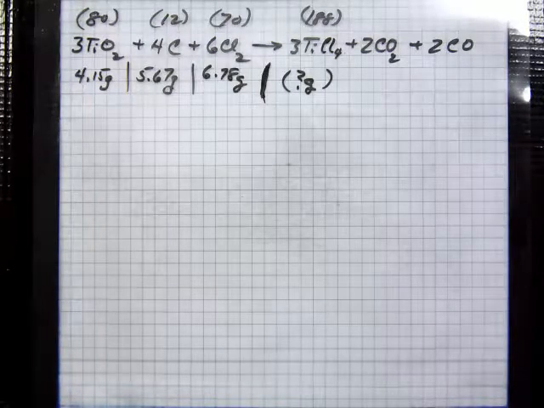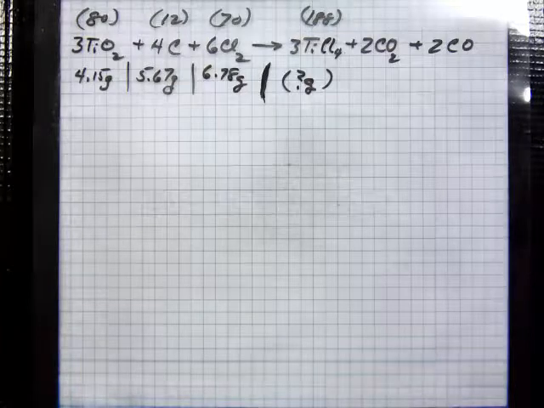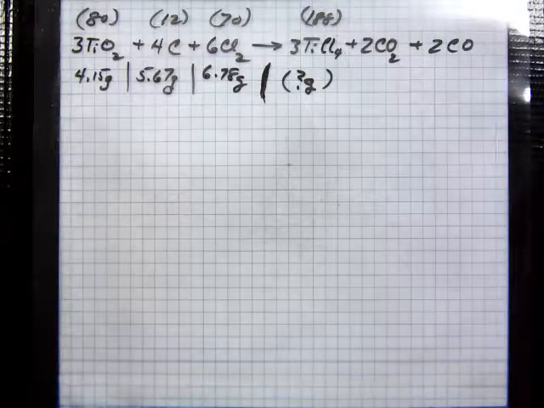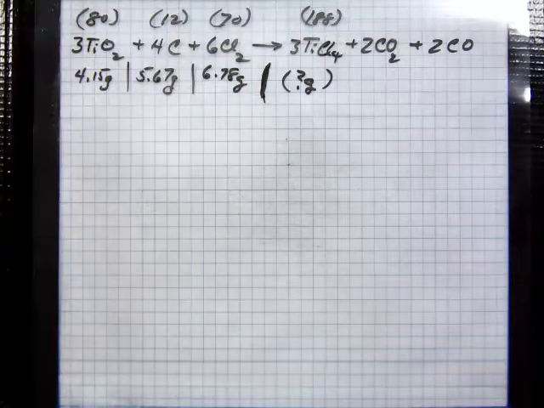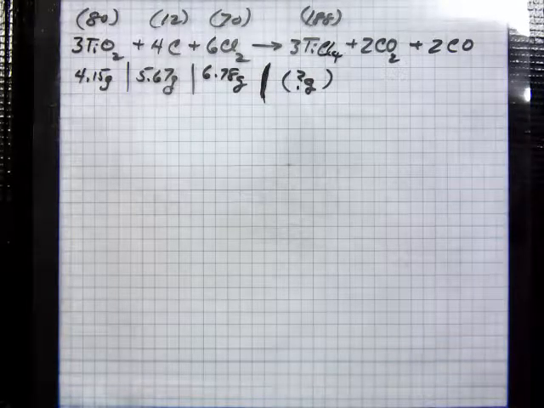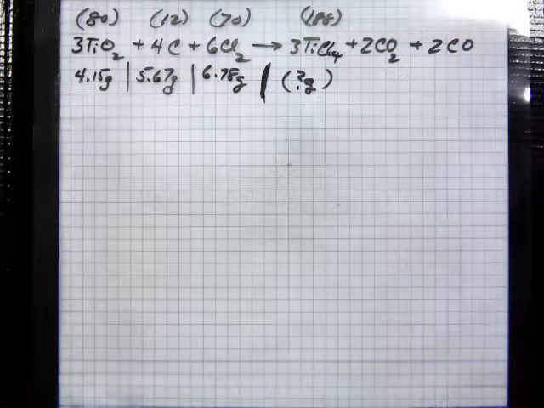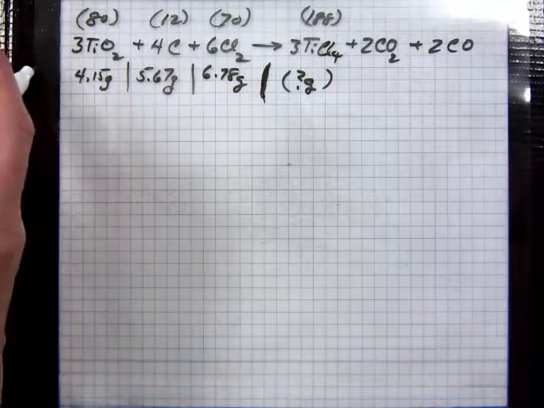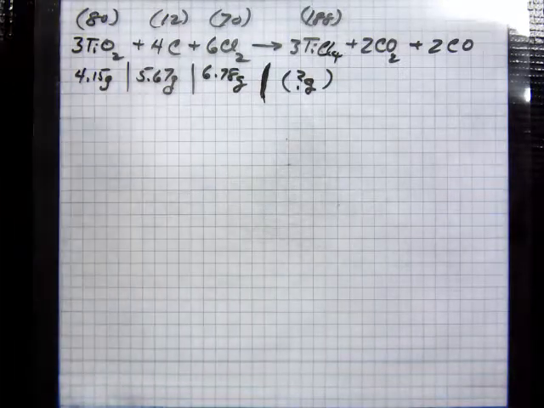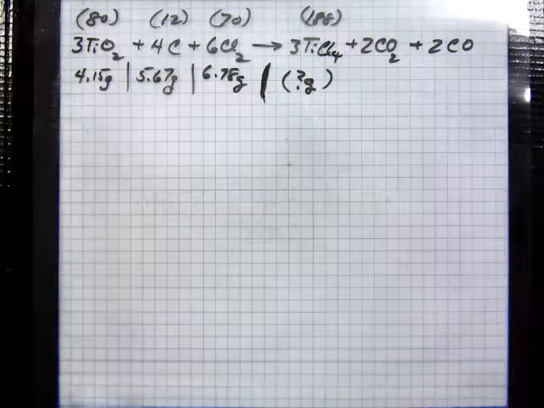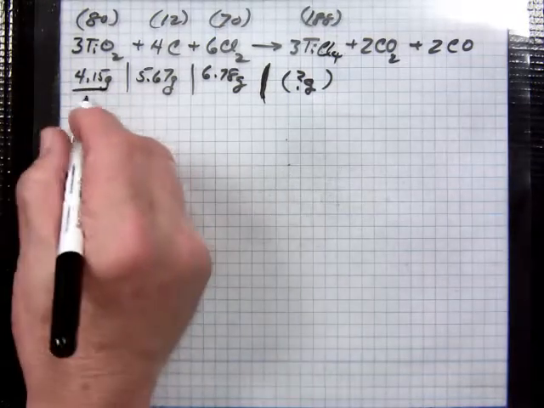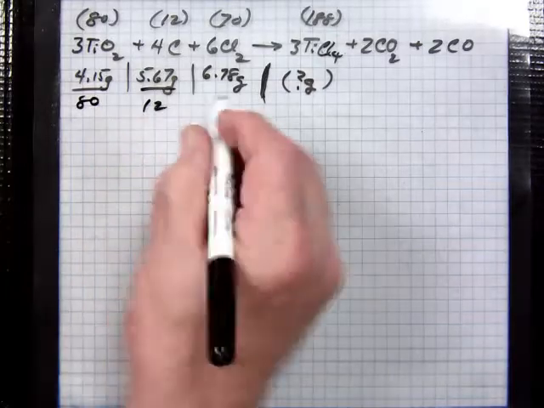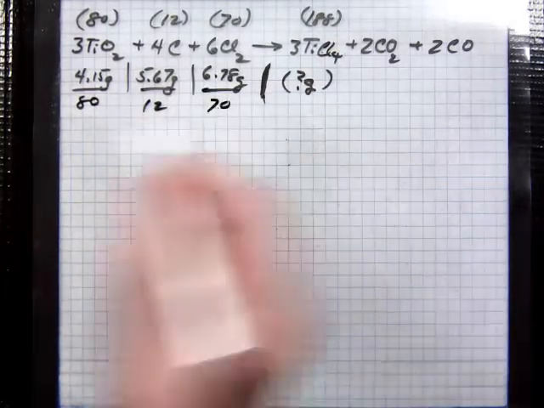They are all that easy, provided you understand how to convert to moles and divide by respective coefficients. So we convert to moles, divide by respective coefficients. Smallest number is limiting reagent. Then we work the titanium tetrachloride yield off the limiting reagent, right? Yes. Okay, got it under control. So we want to divide by 80, divide by 12, and divide by 70.